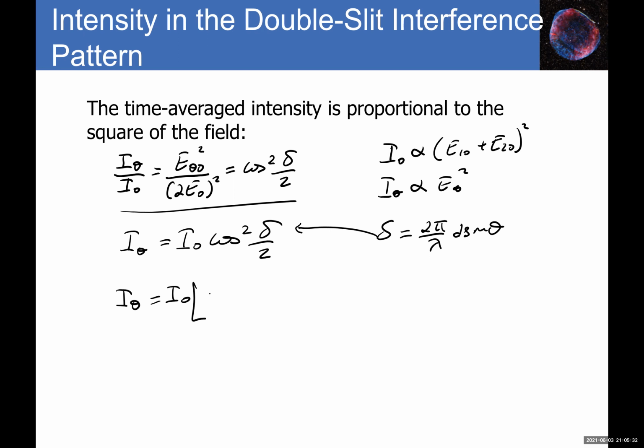So it is cosine of delta over 2, where delta is 2 pi, so technically the 2 cancels out. What I have here is pi d sine theta over lambda, and then this is squared.